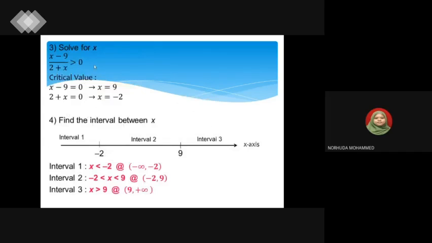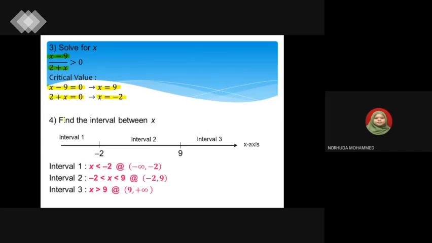Next. Okay, solve for x. So, the critical point is our x. To solve for x, set the numerator equal to zero, and the denominator also equal to zero. So, we get x equal to 9 and x equal to negative 2.